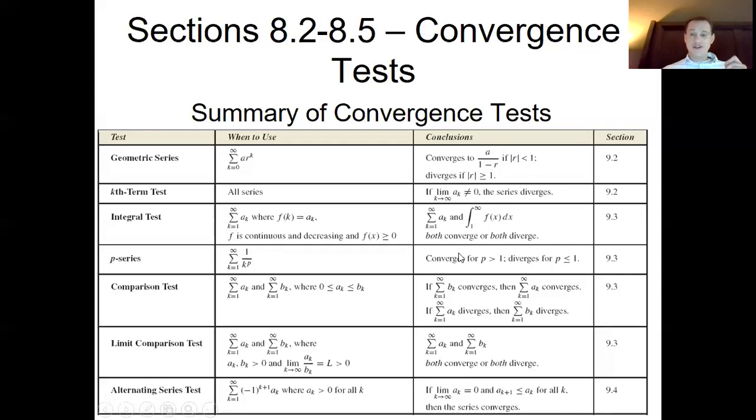This series would converge, because the corresponding integral would converge, if p was more than 1, and it would diverge if p is less than or equal to 1. So if you see something in this format, you can jump right to this p-series test, and based on what p is, you can figure out if it converges or diverges.